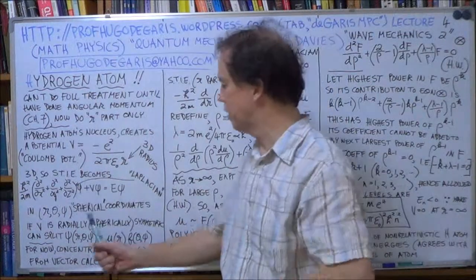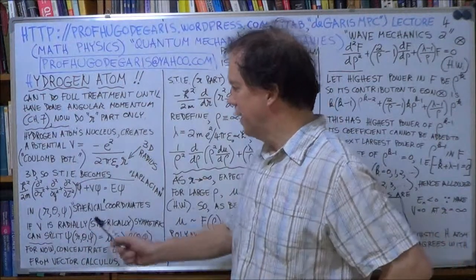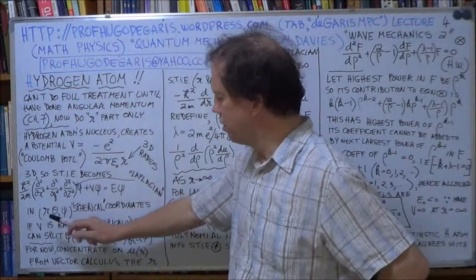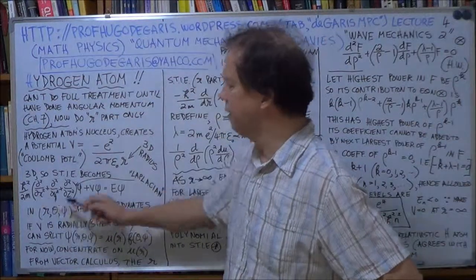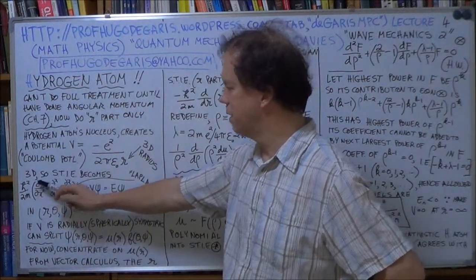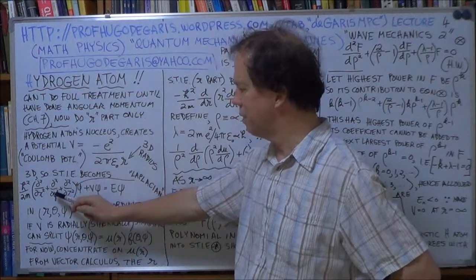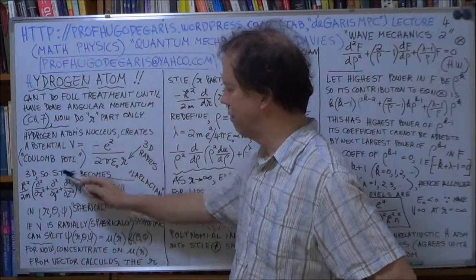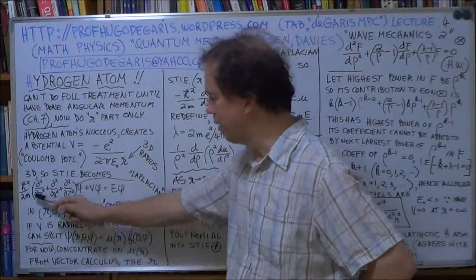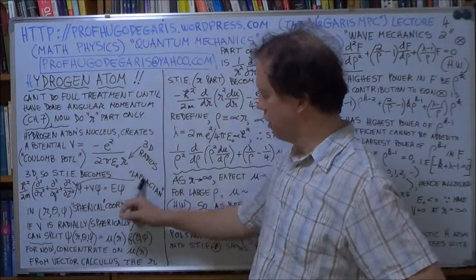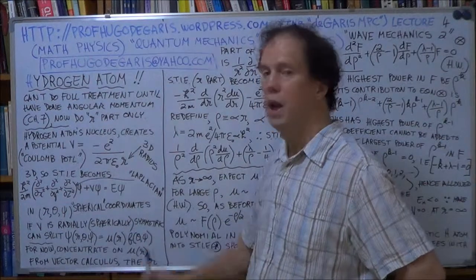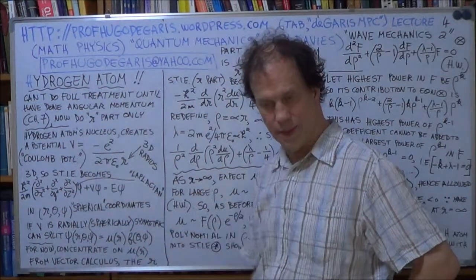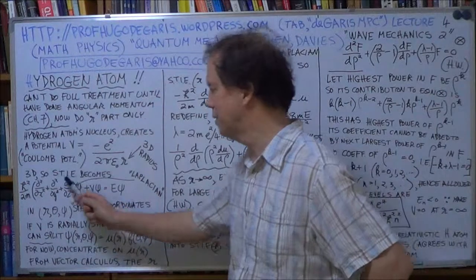So, spherical coordinates. Now, in terms of spherical coordinates, you can rewrite this operator, d squared by dx squared plus d squared by dy squared plus d squared by dz squared. That operator usually goes under the name of the Laplacian, after Laplace, the French mathematician.